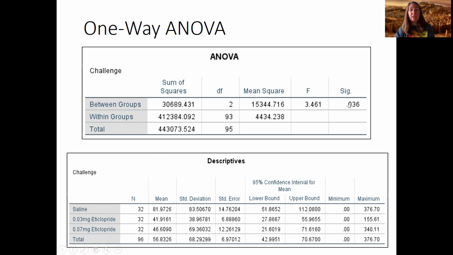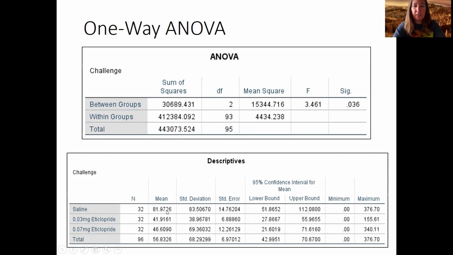So therefore, because it's significant, I can look and see what are the differences between my levels. I have a 3-level design here. I have saline and then 2 different doses of the D2 antagonist. So you can see down here, this is my independent variable, and you can see here that these are my means between the groups. Now, I have a significant ANOVA, and so I can make some assumptions based on the means.